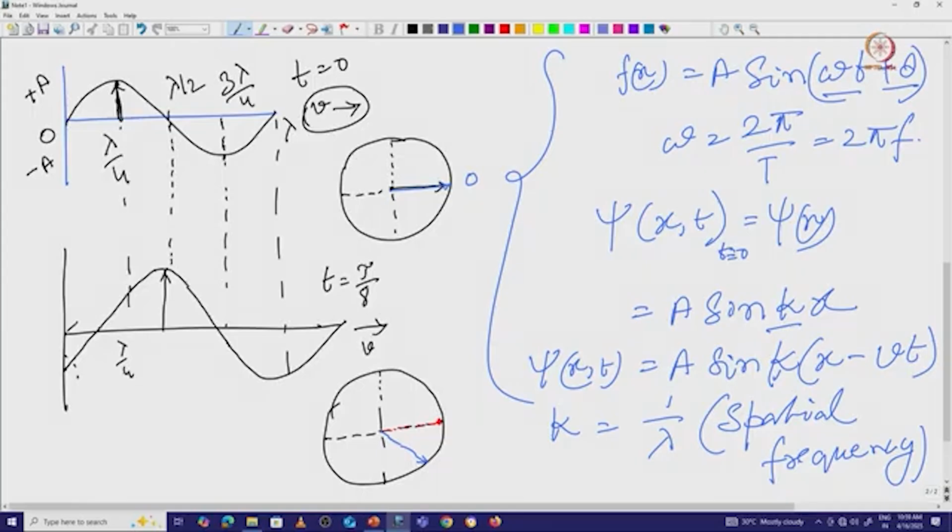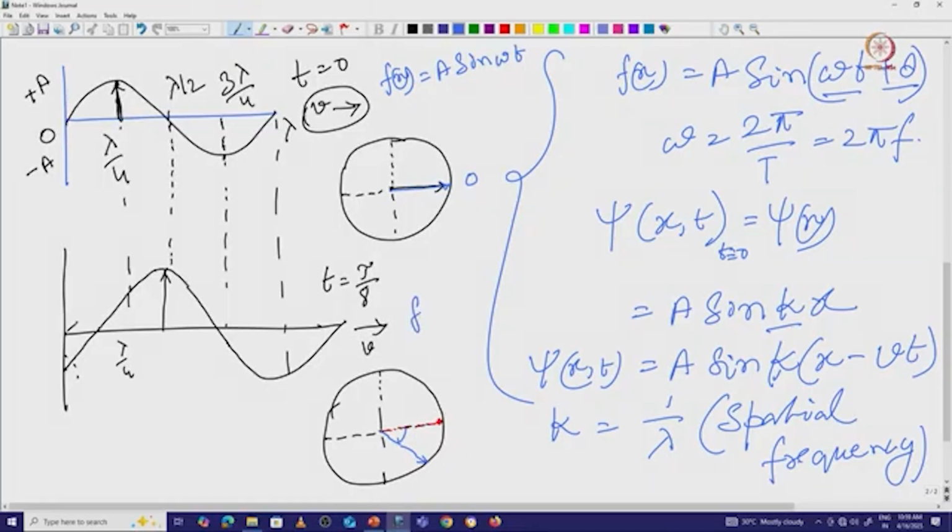Now if we consider the initial equation of any function, it will be a sin omega t, because there is no phase change. But here you can see there is a phase change, and we can consider it is 45 degrees.